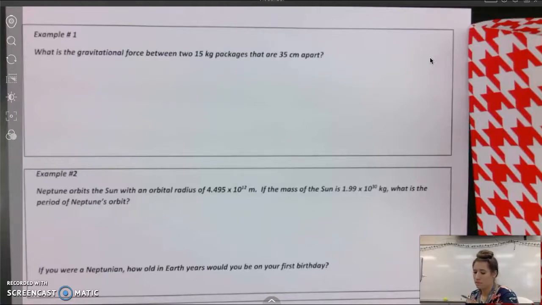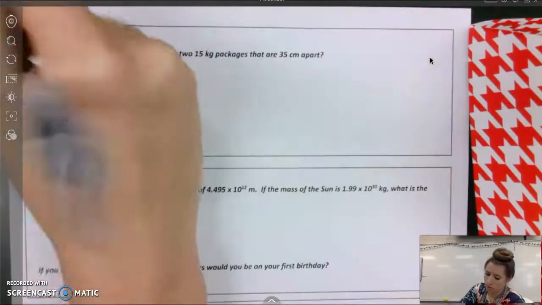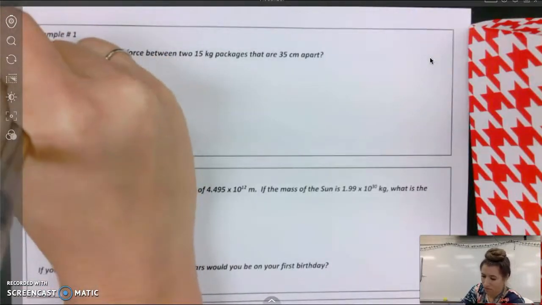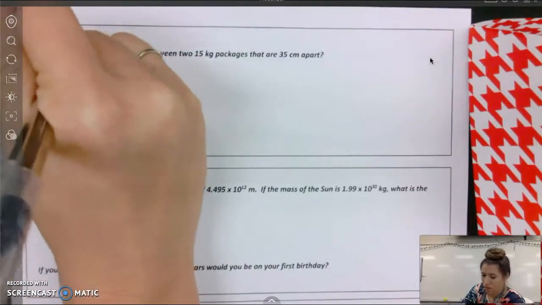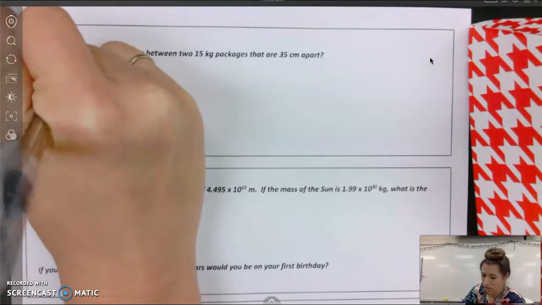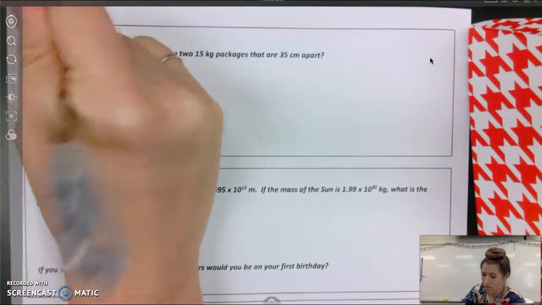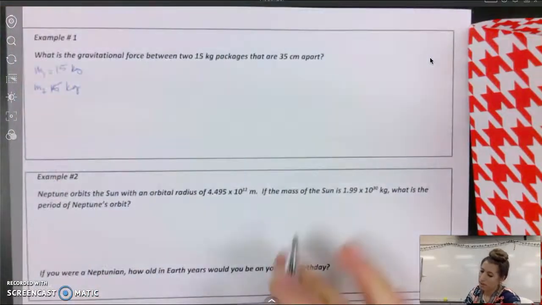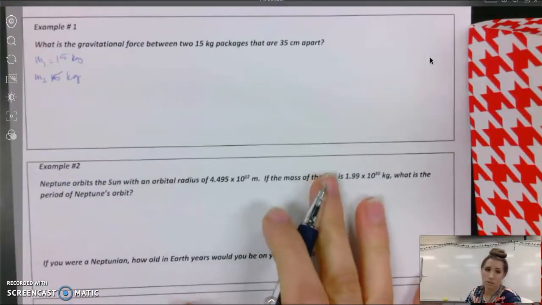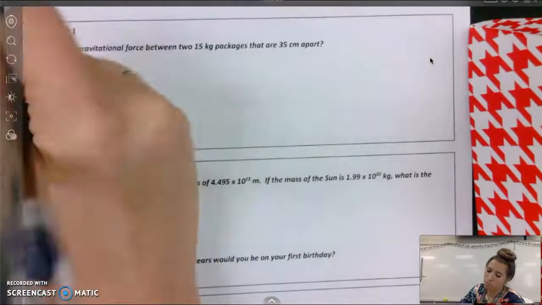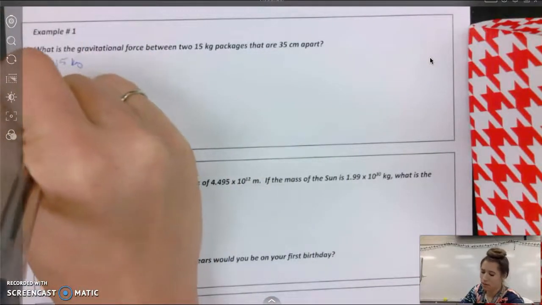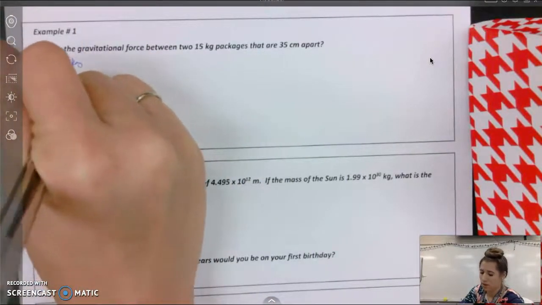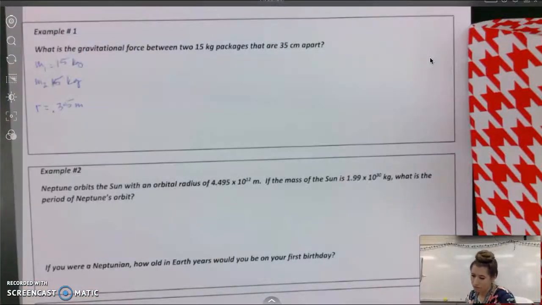Okay, so we have mass 1 and mass 2. They're both 15 kilograms, and they're 35 centimeters apart. Let's put this in meters, so R is going to be 0.35 meters.